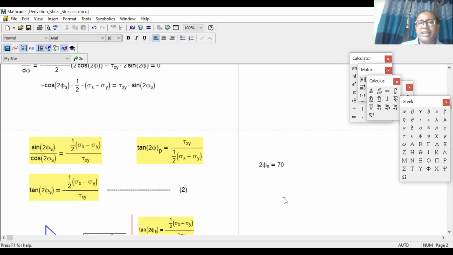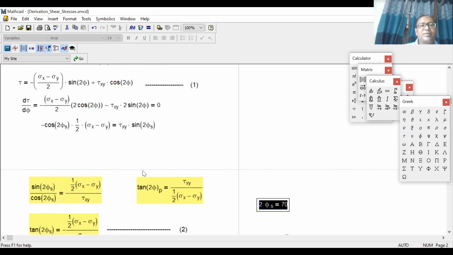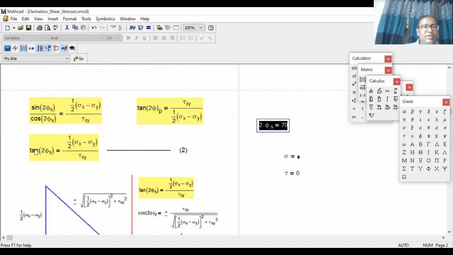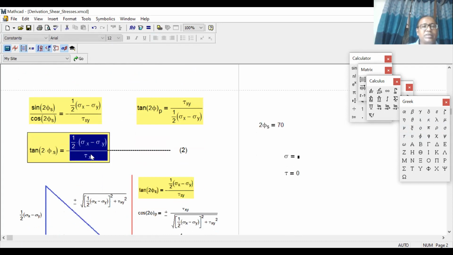So in that angle, how much will be the sigma? Sigma equal to what? Then we need to figure out how much will be the value of tau. So these two things we need to figure out. You put this angle in the mother equation of sigma and the mother equation of tau, and you'll get it. Okay, but I like to do it mathematically. How can you do it? So this is my formula. Tan 2 phi s equal to this one.